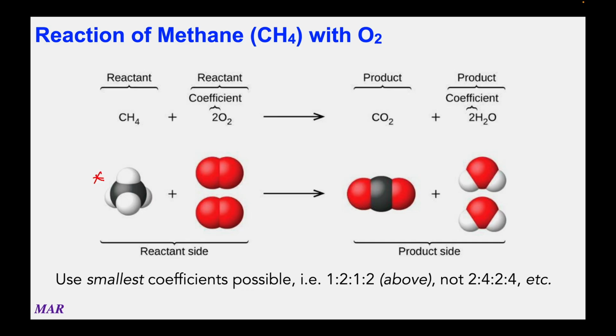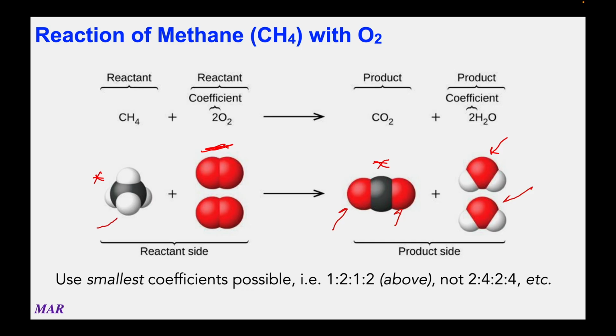And on the product side, there's 1 carbon atom in CO2. If you count up the number of oxygen atoms here, there's 1, 2, 3, 4. Each O2 has 2 oxygens, so 4 atoms total. And on the product side, there's 1, 2, 3, and 4. So notice that both the carbons and the oxygens are balanced on both sides.